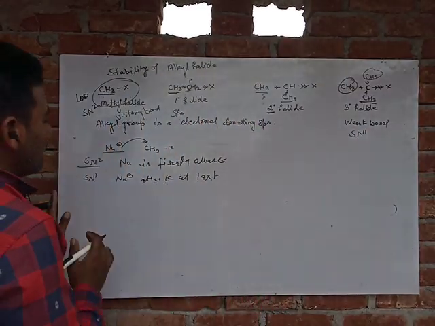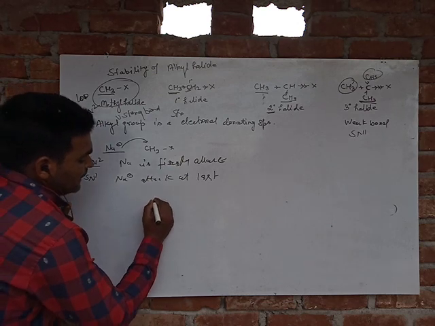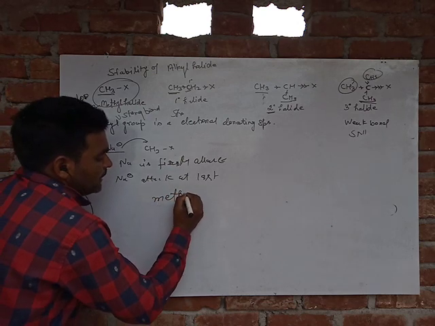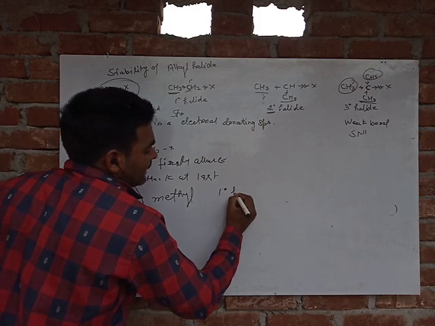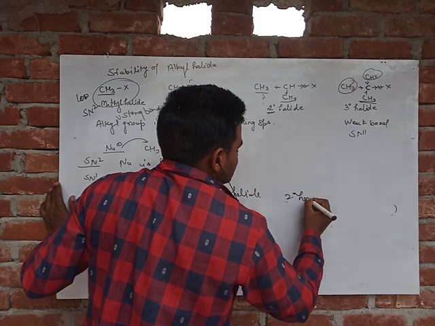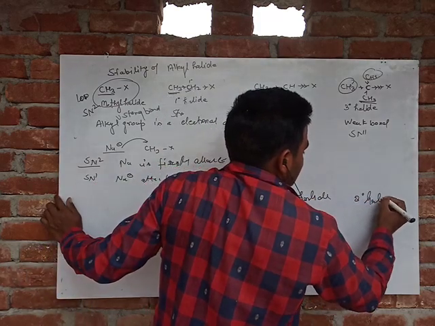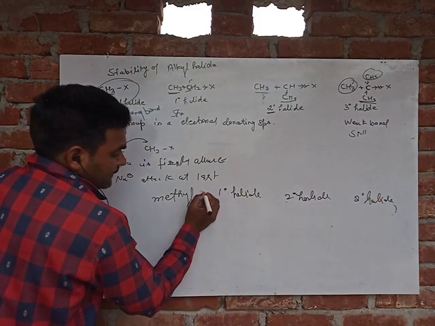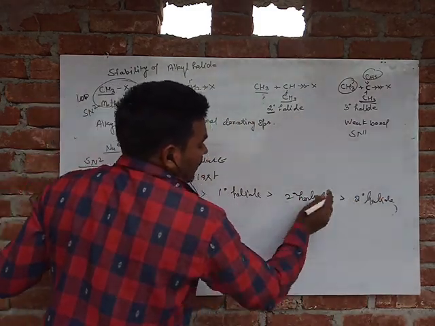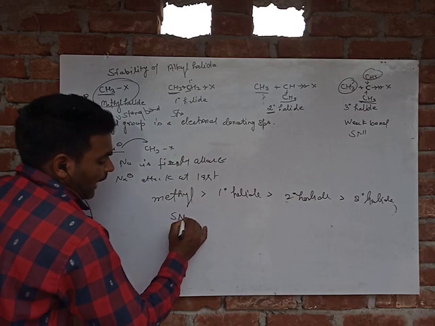So the decreasing order of the SN2 mechanism is methyl halide, then primary halide, then secondary halide, and then tertiary halide. This is the decreasing order of possibility of SN2.